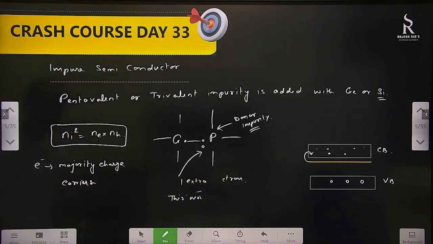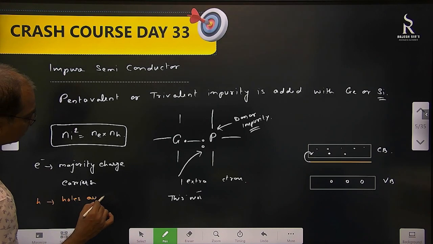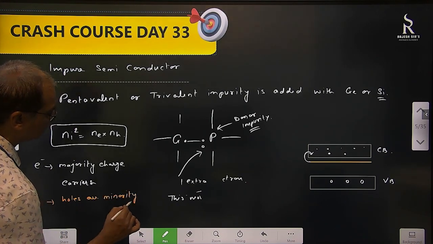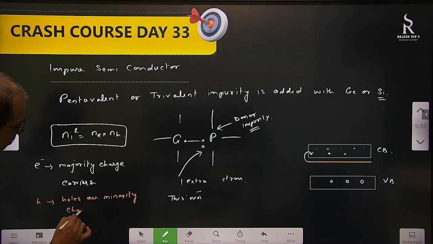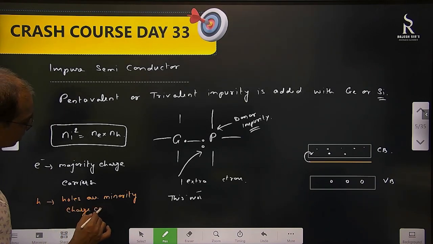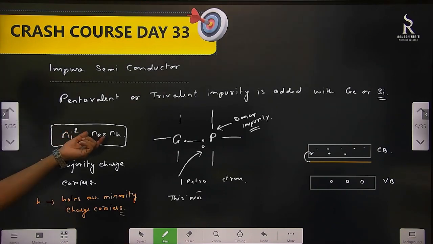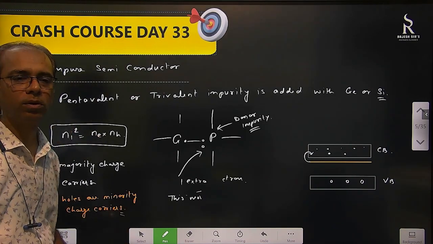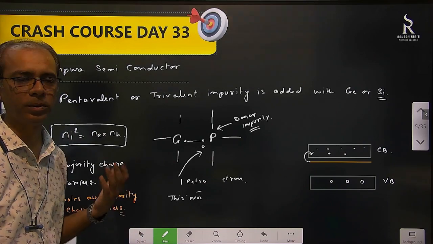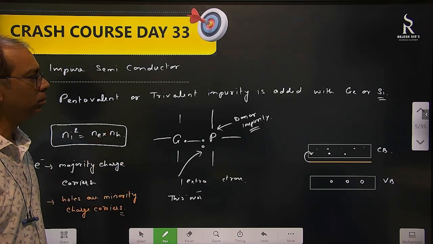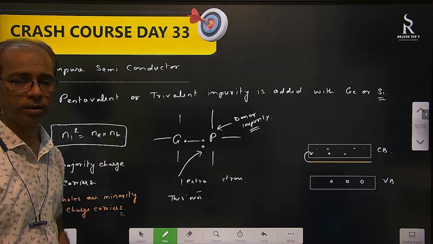Holes are minority charge carriers. For conductivity, you have this formula. Remember always, Ni square equal to Ne into NH. Whatever type of semiconductor we have, we will use this. So this is your impure semiconductor.